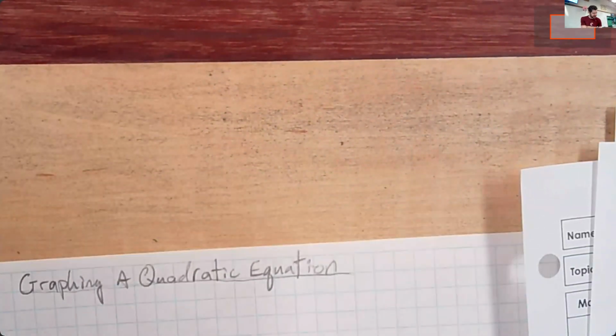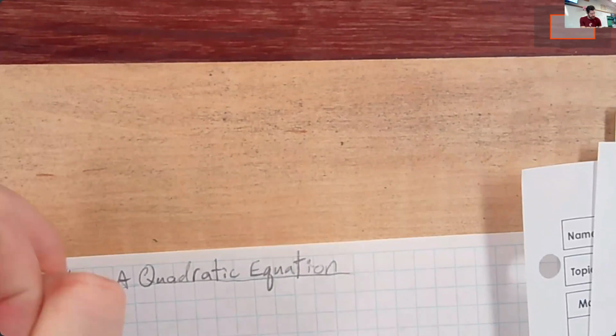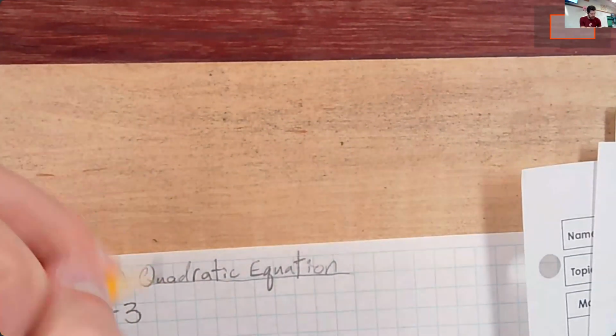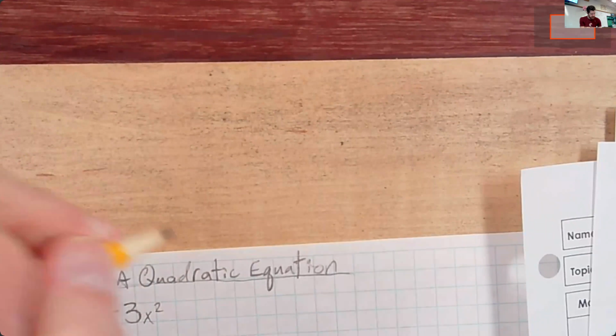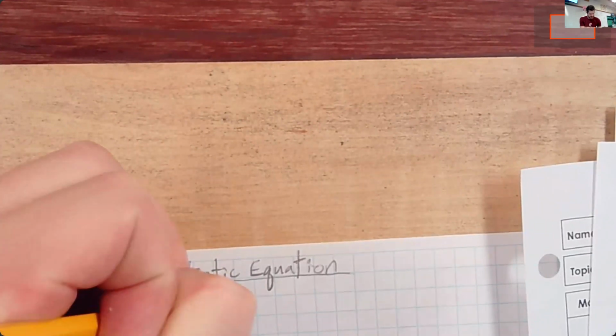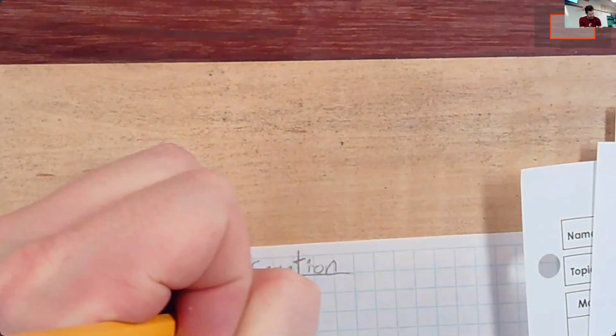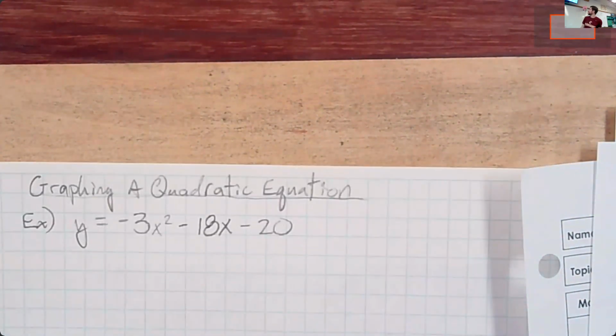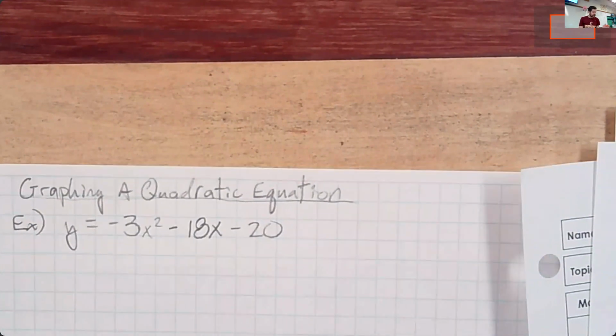We're going to say, here's our example. And our example is going to be y is equal to negative 3x squared minus 18x minus 20. All right, so we're just going to put the steps over here.